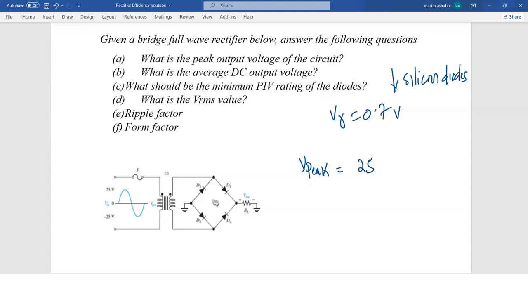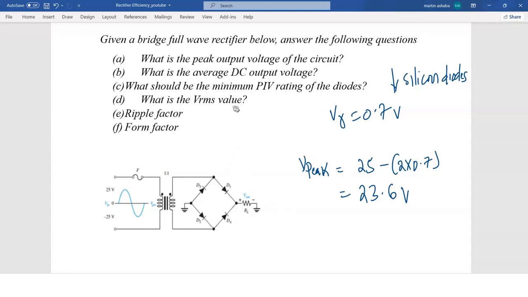But remember, for a full wave bridge rectifier, we have two diodes conducting at a go. So we subtract 2 times 0.7. This gives us 25 minus 1.4, which is 23.6 volts. That is the peak output voltage that is going to be measured at the output.